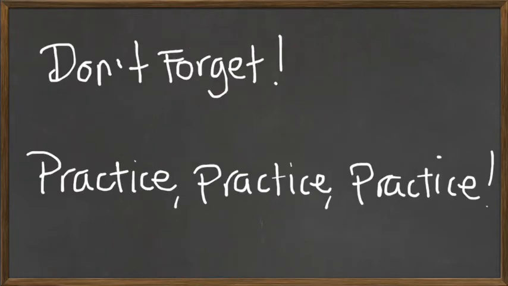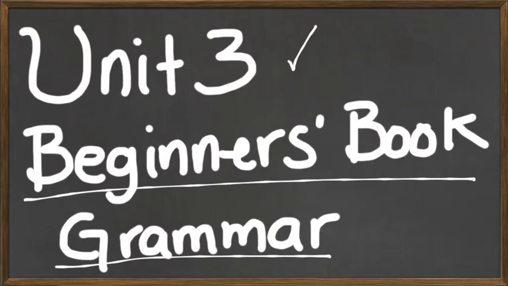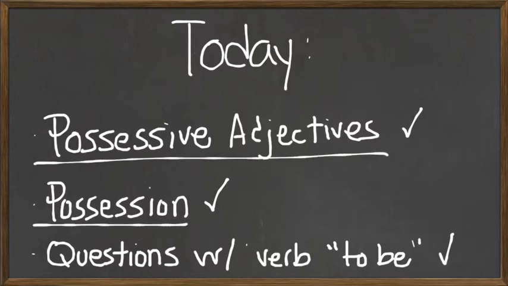Before we finish, let's recap. This is Unit 3. We're checking the grammar of your beginner's book. We saw 3 important items in English grammar. We saw possessive adjectives, the possessive form of nouns, and questions with the verb to be.